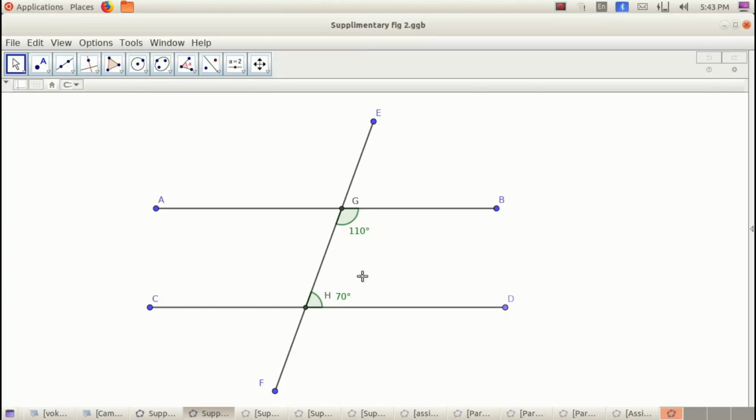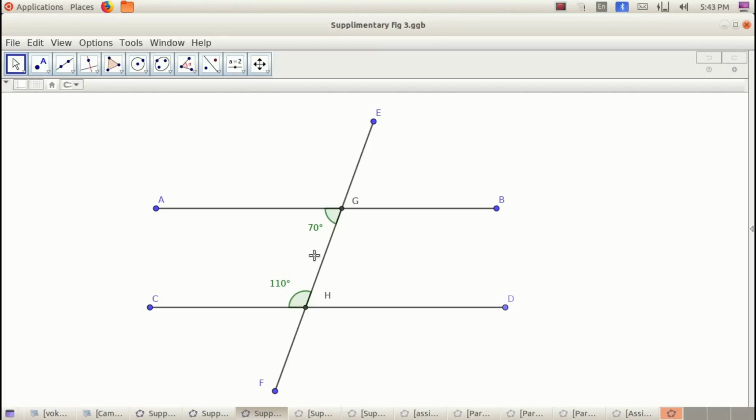One more such pair we can see here. That is this angle and this angle. These two angles are in between parallel lines. We can name the angles AGF and CHE. AGF and CHE are supplementary pairs and also co-interior angles.